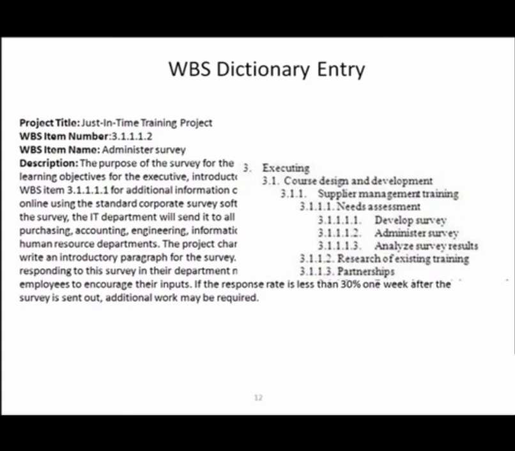This compares to the tabular format mentioned previously, and you can see that the item number 3.1.1.2 is listed from the dictionary item number, and it corresponds to the item number in the tabular format, as you can see in the example.